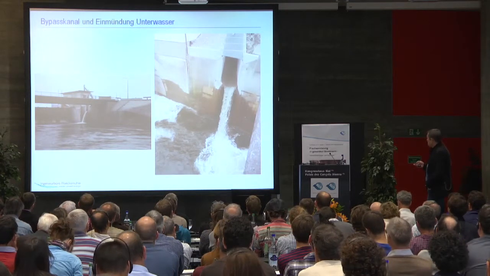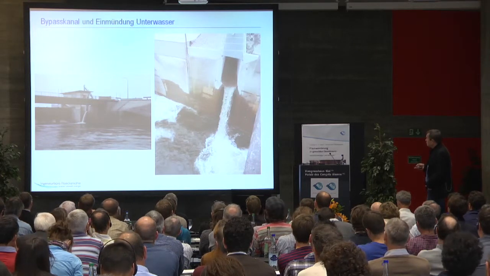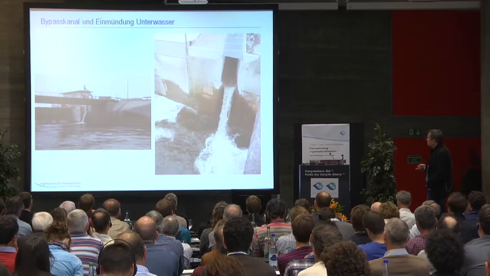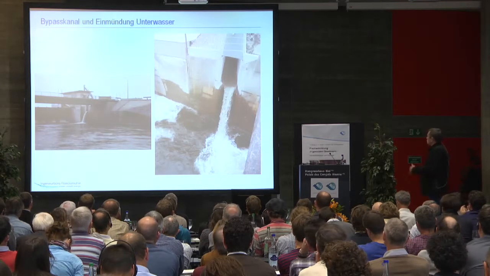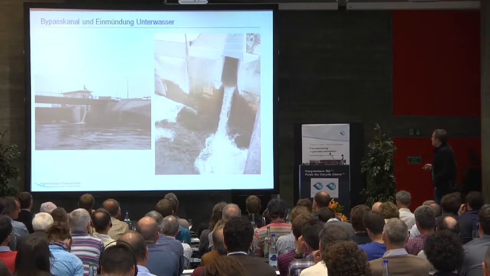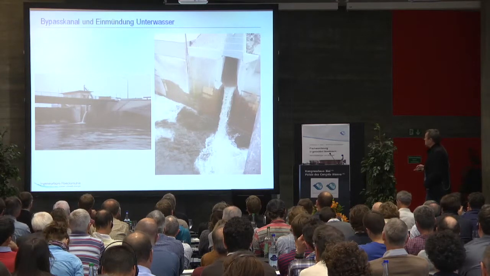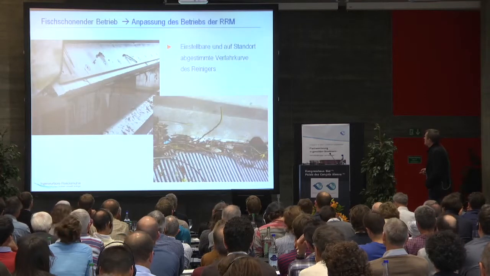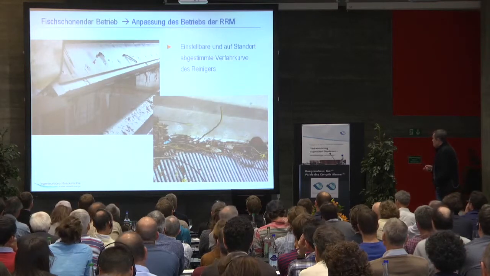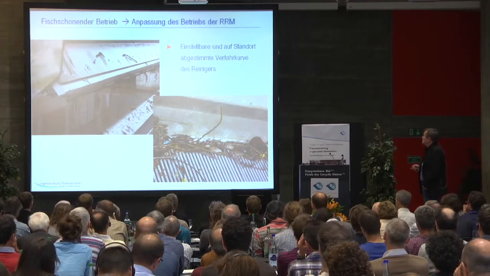And here we have a bypass close to the surface, going to the weir and then flowing into the tail race of the weir, and here the fish are then brought into the tail race together with the bypass water and the floating debris.